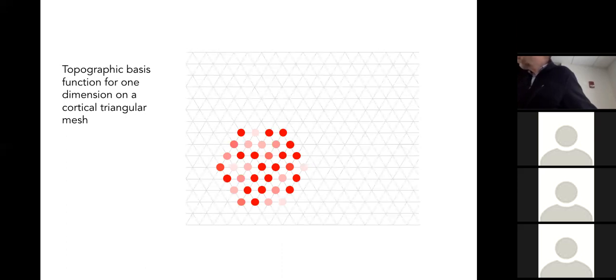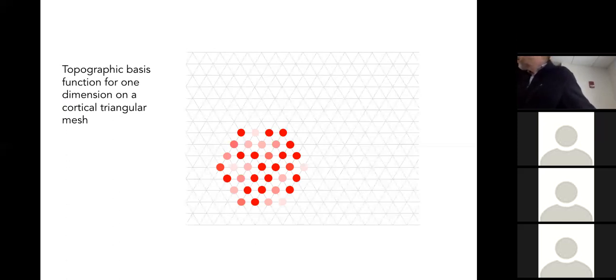These are different cortical vertices in one subject. And the colors correspond to large weights to small weights. Most of the vertices are blank, 0, because we do a searchlight analysis.